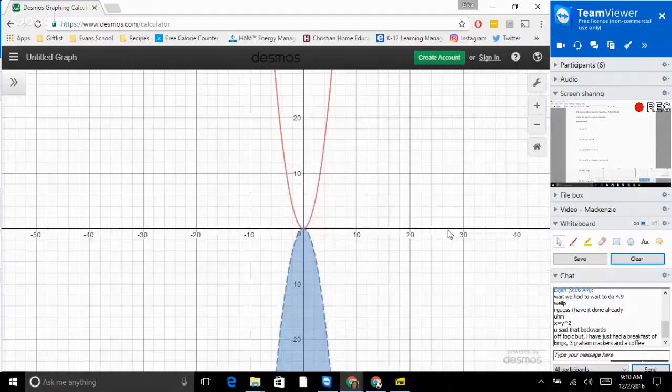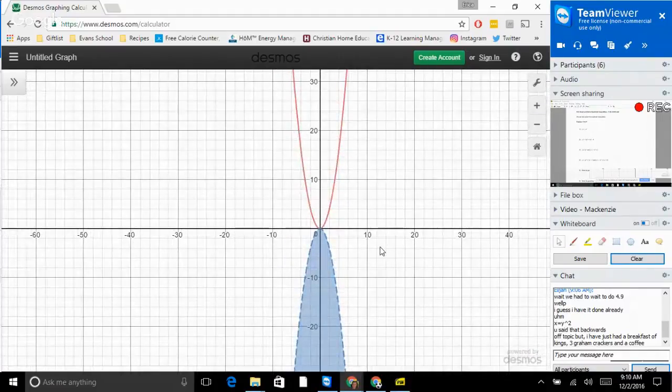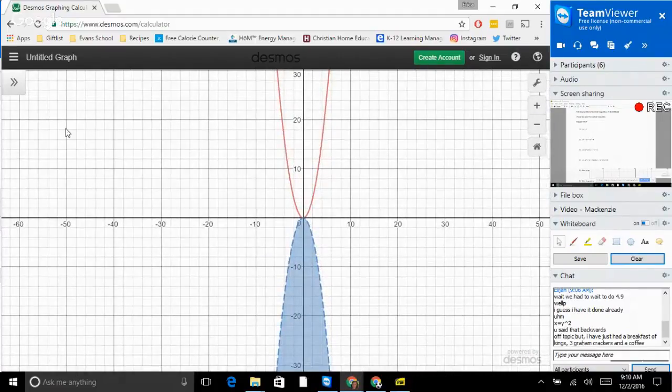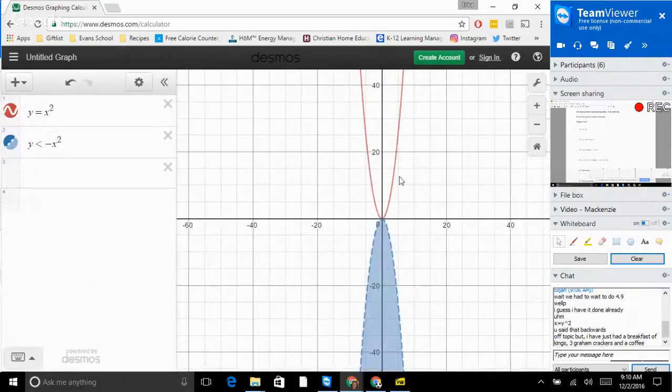All right, so what do we notice about this? If I leave the two equations up here, our standard equation opens up, right? No surprise there. When we make it negative, it flips across the x-axis. So a negative parabola is going to open down versus opening up. We also have a couple things to note. Y is less than negative x squared.